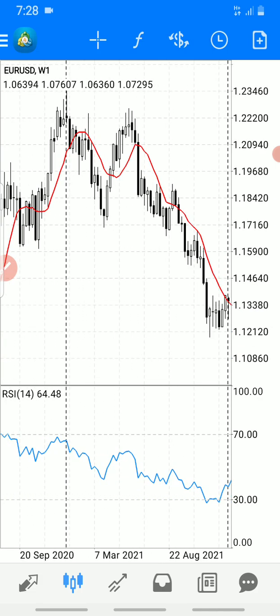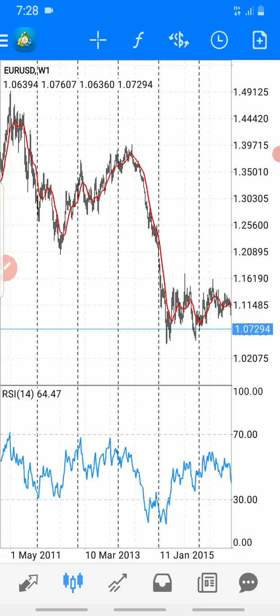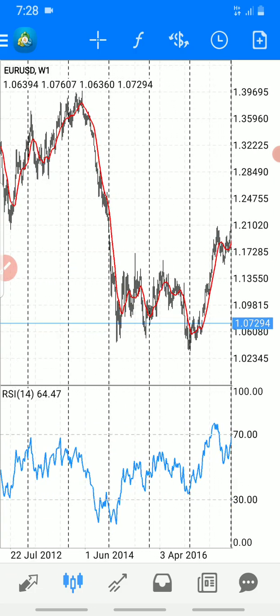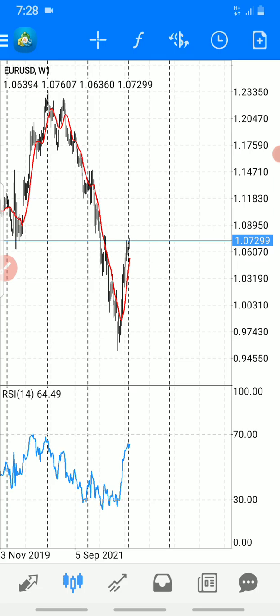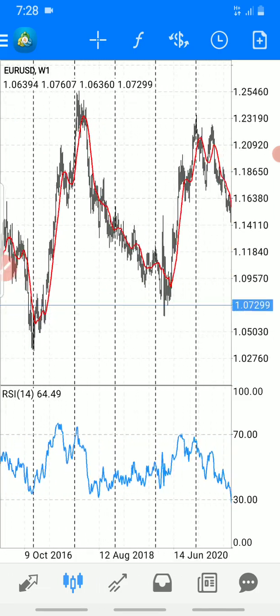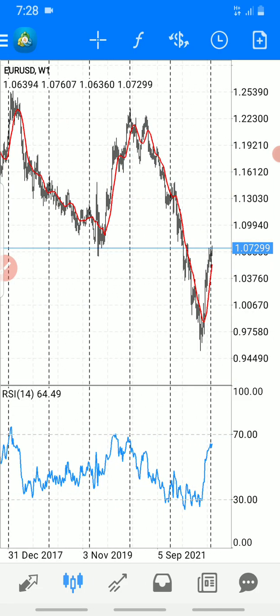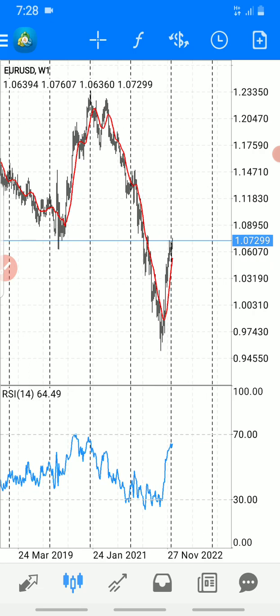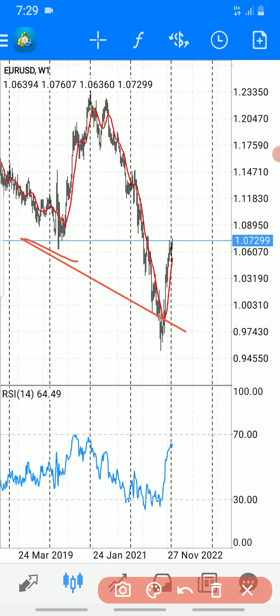In forex trading we have three chart patterns, like three market structures. We have the downtrend, which is what we're seeing now.